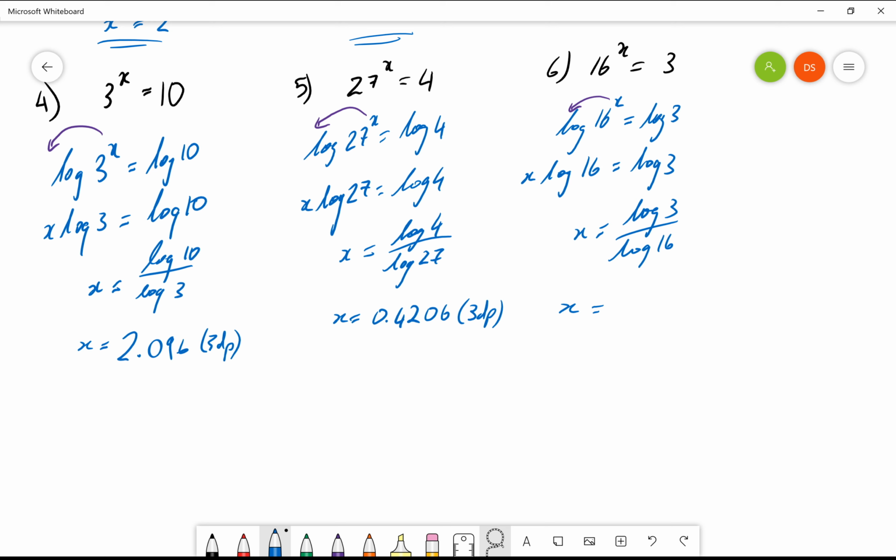Alright, and so for me that one is 0.3962. Oh, I keep writing 3dp. In this one, it was actually 4dp. I'm just going to change my answer to that. And this one, I'm going to change my answer to that. Alright.